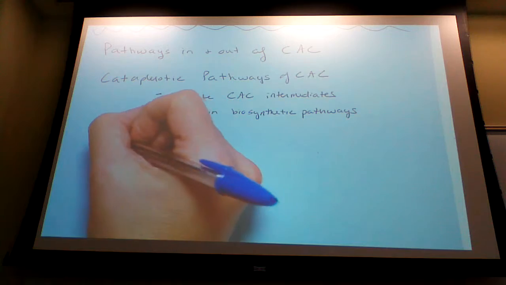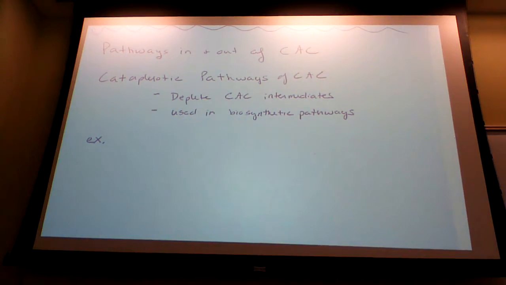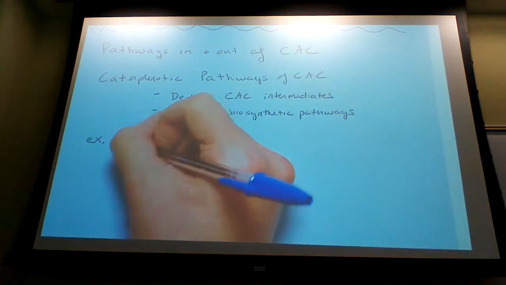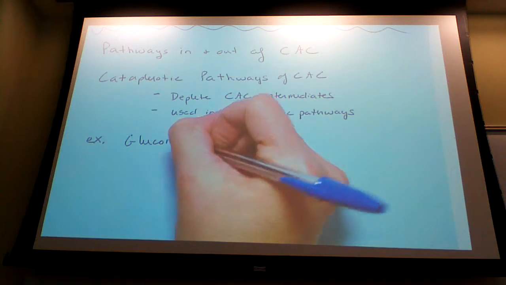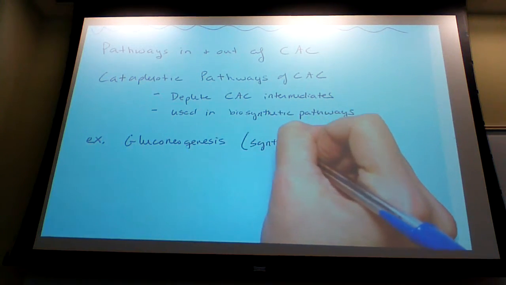We've talked about one. What do you know that you can synthesize that involves a citric acid cycle intermediate? Or what biosynthetic pathway have we talked about? Gluconeogenesis, yes. Okay. So gluconeogenesis. This is synthesis of glucose.